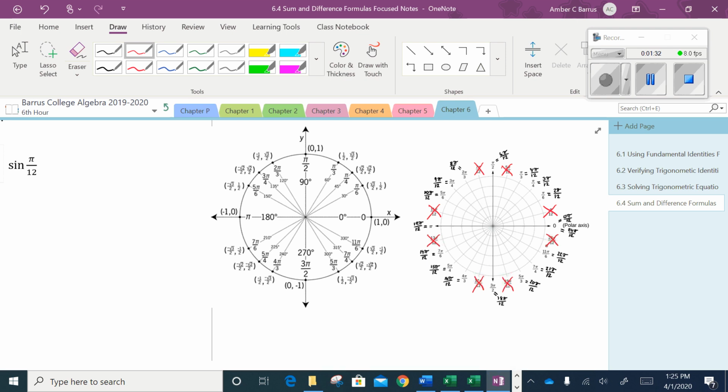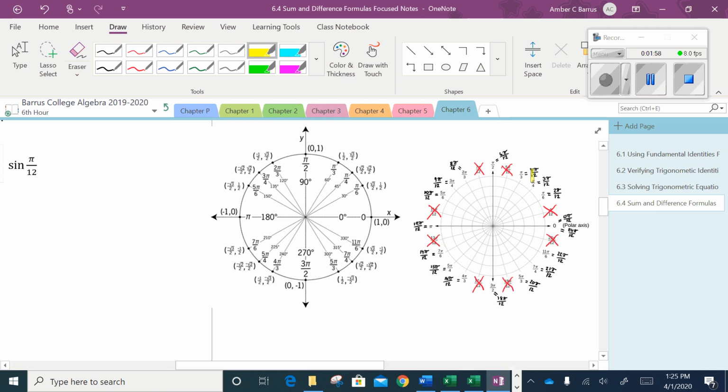So I'm looking at this and I want to know what two numbers I could subtract that would leave me with pi over 12. There's lots of options here. I could take 15 pi over 12 and subtract it from 14 pi over 12. I could take 9 pi over 12 and subtract 8 pi over 12. But for what we're doing, I'm going to want to stay with some smaller values.